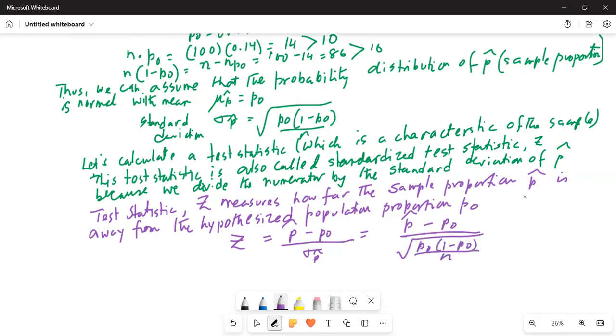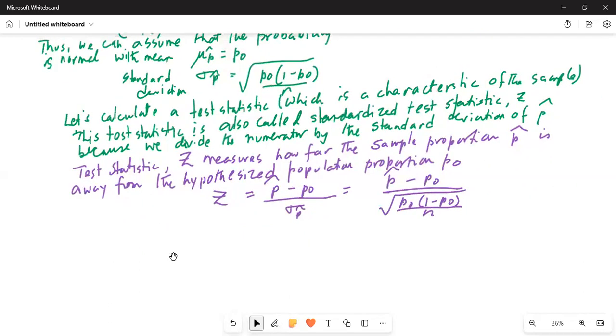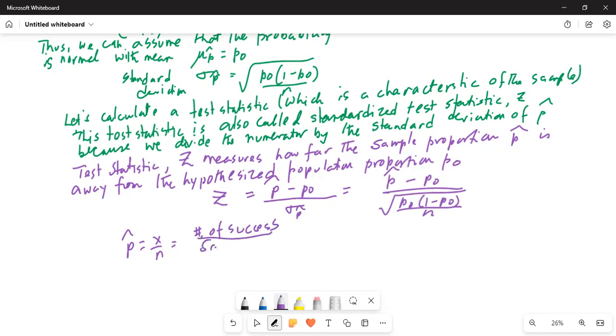So let's calculate the test statistic. First we need to calculate P hat. P hat, the sample proportion, is X over N, number of success divided by sample size. That is equal to 10 over 100 is 0.1.